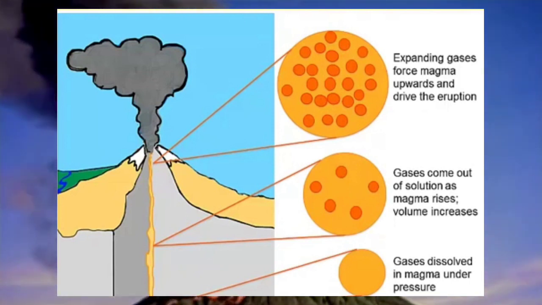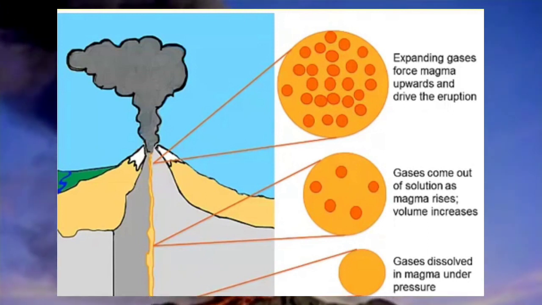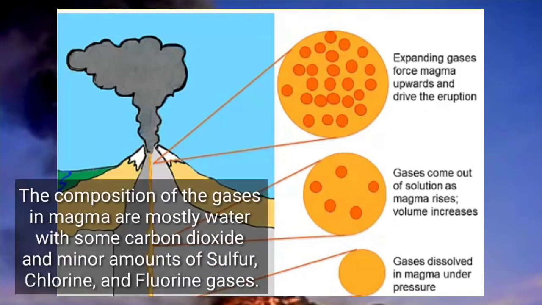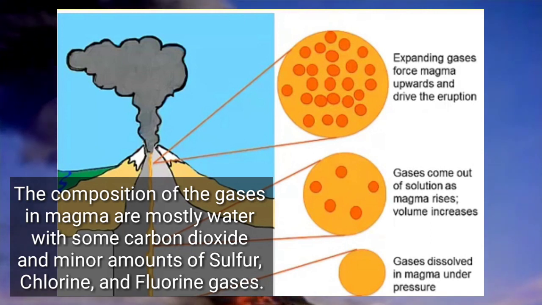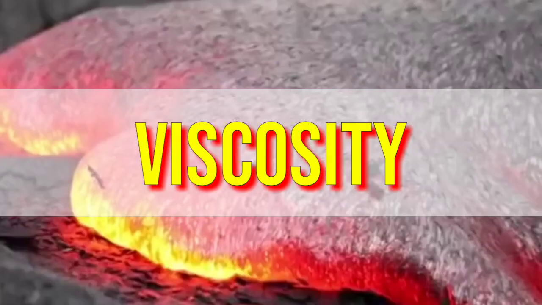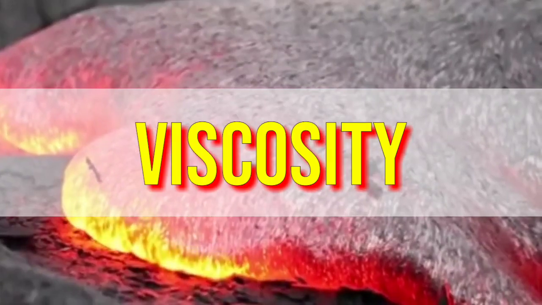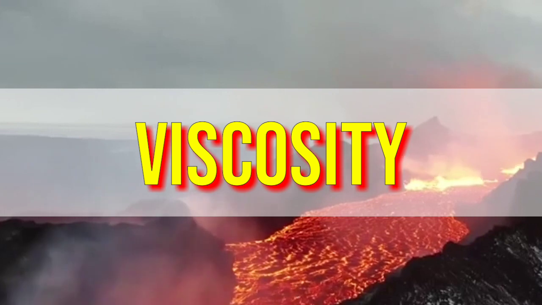Therefore, gas gives magma its explosive character because the volume of gas expands as pressure is reduced. The composition of the gases in magma is mostly water with some carbon dioxide and minor amounts of sulfur, chlorine, and fluorine gases. Viscosity also affects the eruptive style of a volcano.